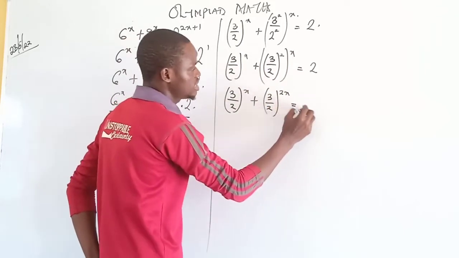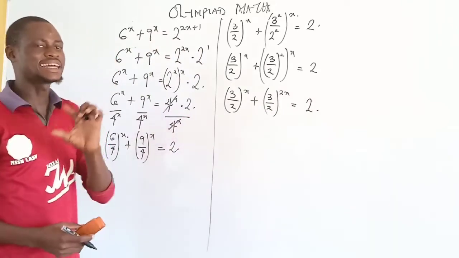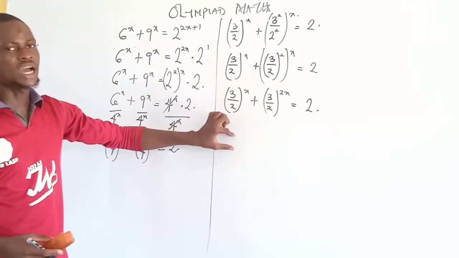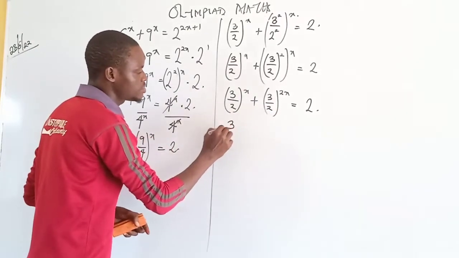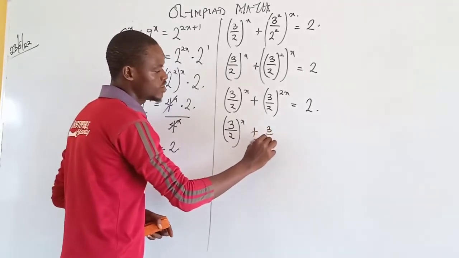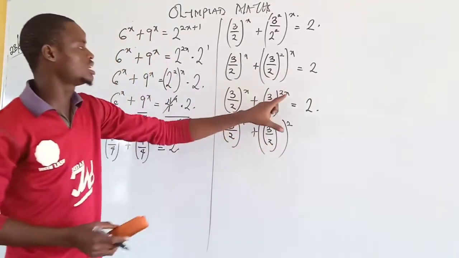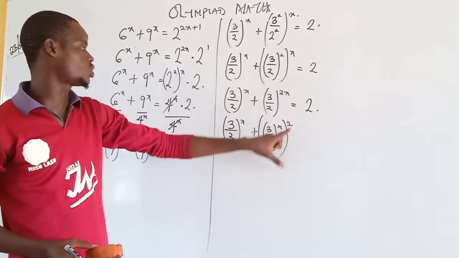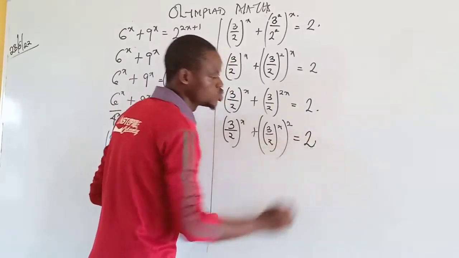Now, everything equals 2. I can as well return this back. How do I return it back? From this point here, this can be written as 3 over 2 raised to power x plus 3 over 2 raised to power x, squared. By returning this back to this, and this one to replace this side, then everything equals 2.